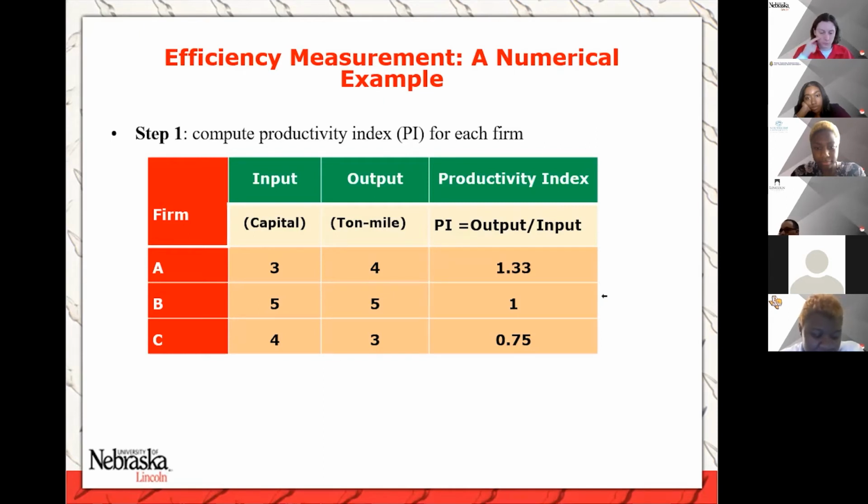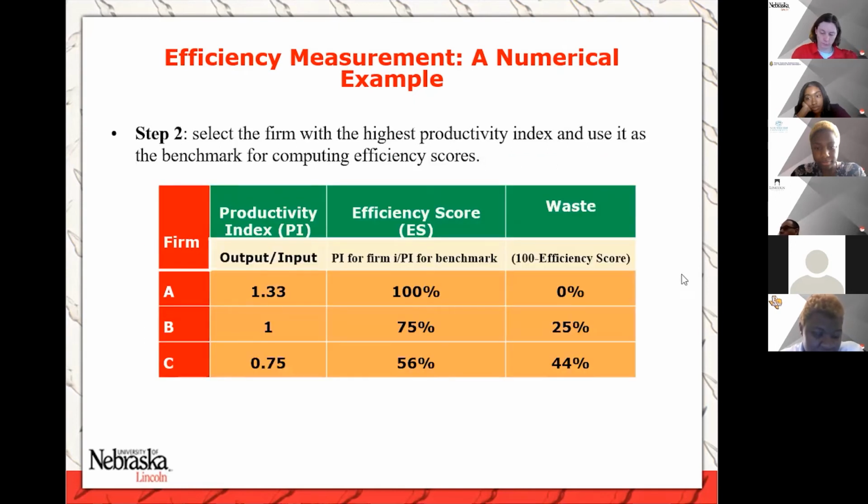Step 2, select the firm with the highest productivity index and use it as a benchmark for computing the efficiency score. If you look carefully now, firm A has the highest productivity index, 1.33, B is 1, and C is 0.75. So we are going to use this as our benchmark.